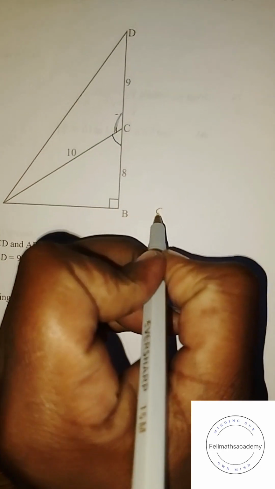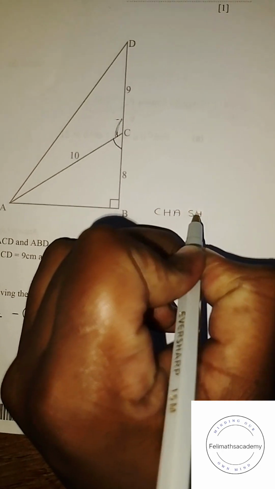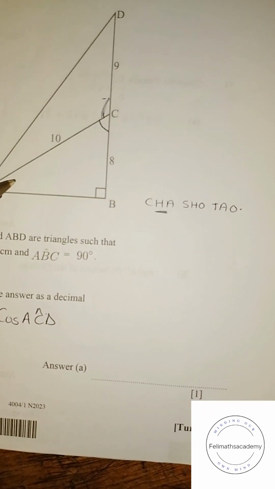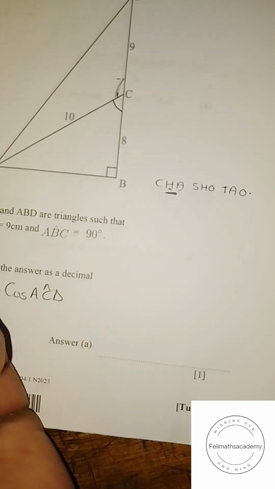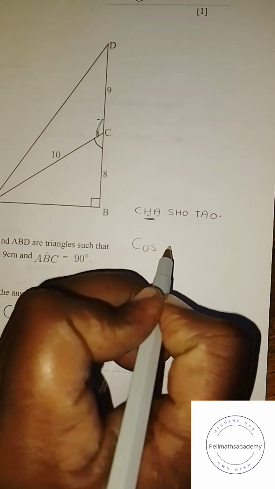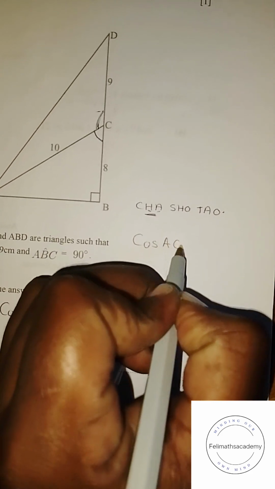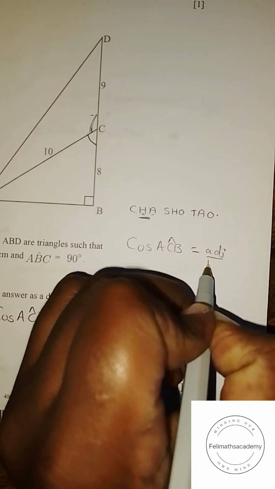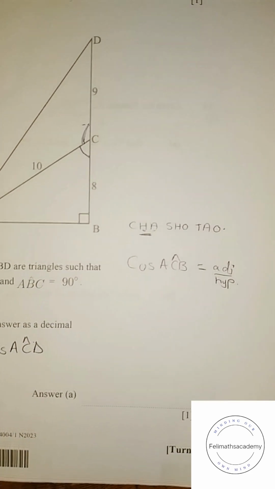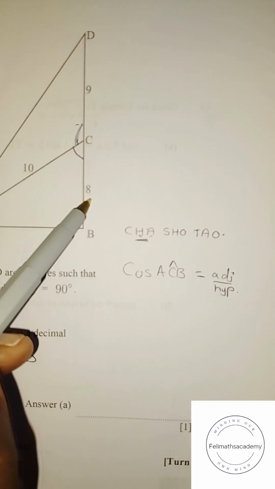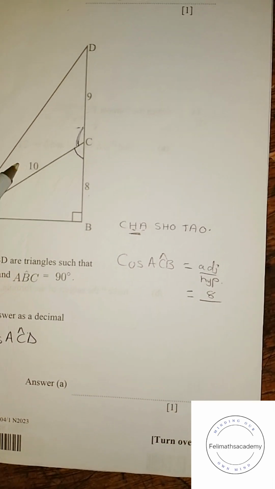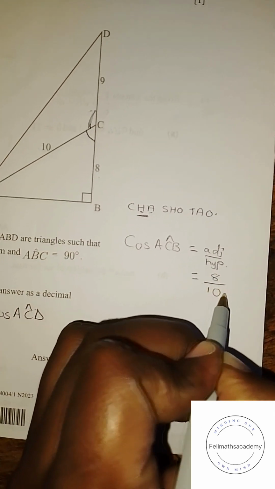According to our acronym CAH, the cosine is equal to adjacent over hypotenuse. So cos ACB is equal to adjacent over hypotenuse. The adjacent there is 8, over hypotenuse is 10.